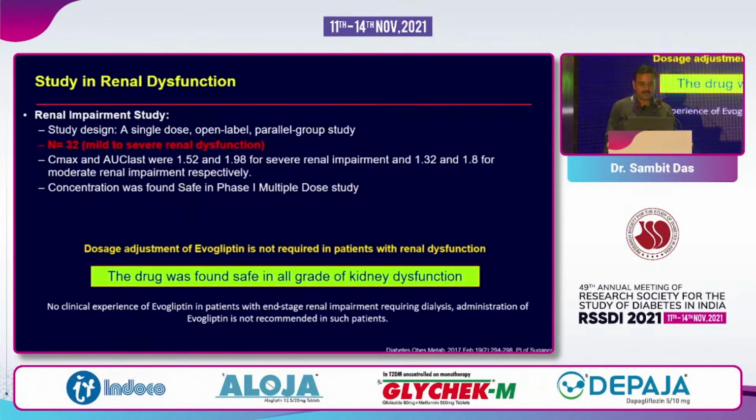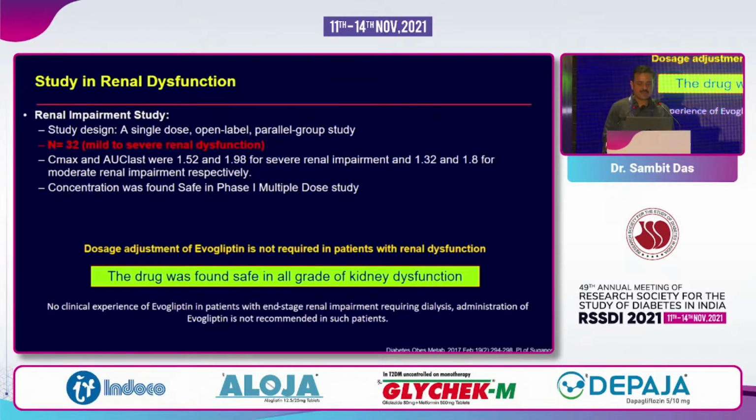Now, renal dysfunction is very important because we all know that DPP-4 inhibitors are almost all safe in renal failure, and so also Evogliptin has proven its safety in renal failure. They have taken patients with mild to severe renal dysfunction, and they looked at the Cmax and the area under the curve in mild and moderate renal insufficiency and severe renal insufficiency, and they didn't find any changes, or dose accumulation, or any adverse event.